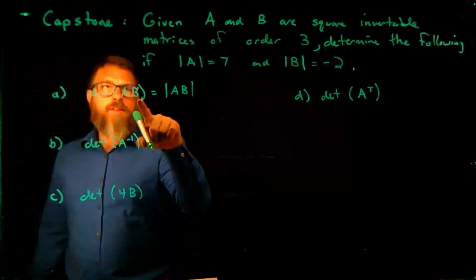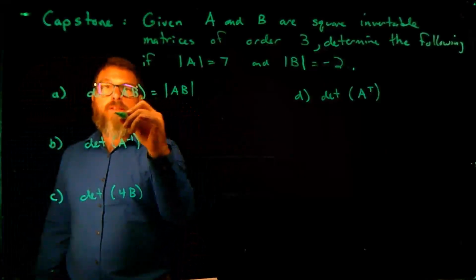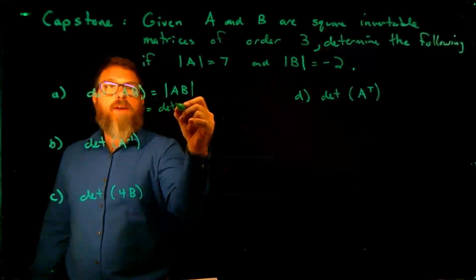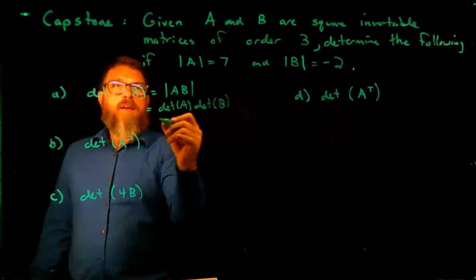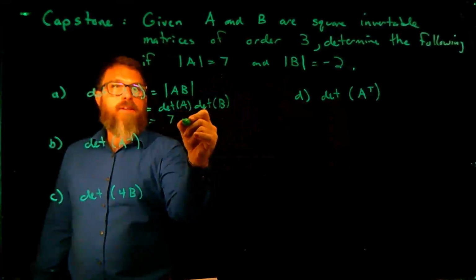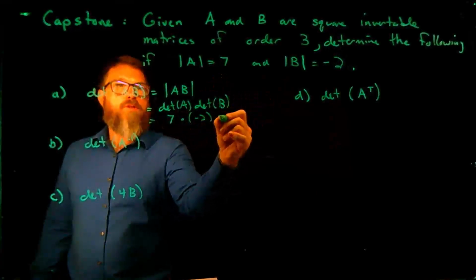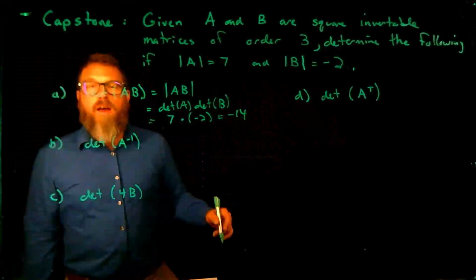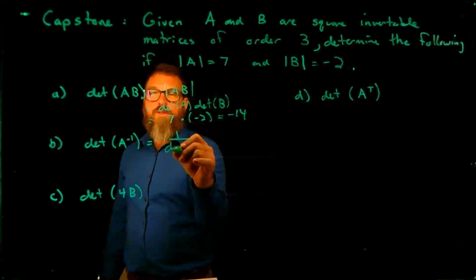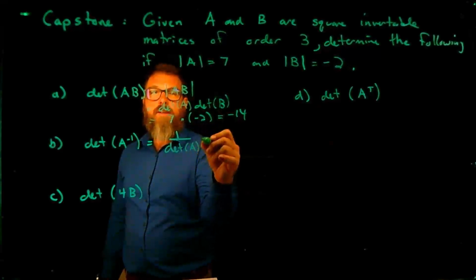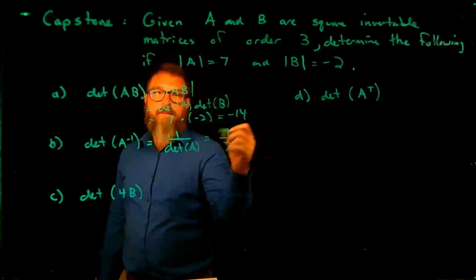Okay, so if I want to find the determinant of A times B, well, I know that this is equal to the determinant of A times the determinant of B, and the determinant of A is 7, the determinant of B is negative 2, so this is equal to minus 14. If I want to find the determinant of A inverse, what I know is this is 1 over the determinant of A, so this is going to be 1 over 7.